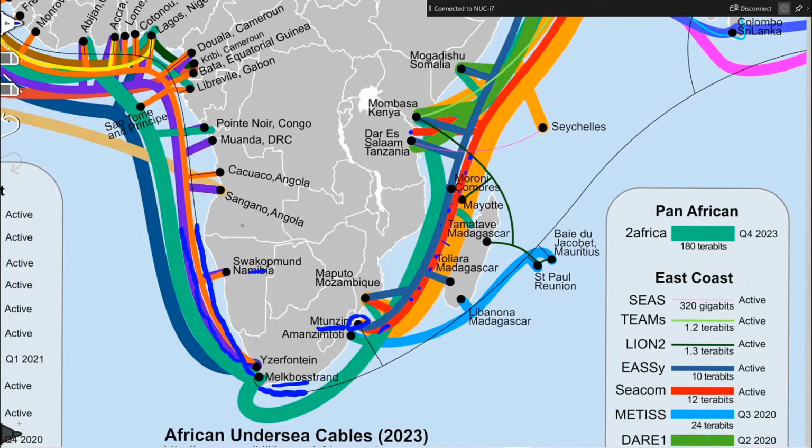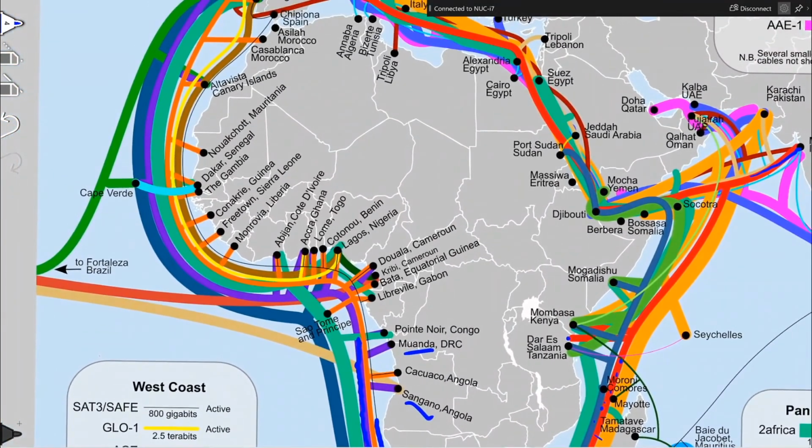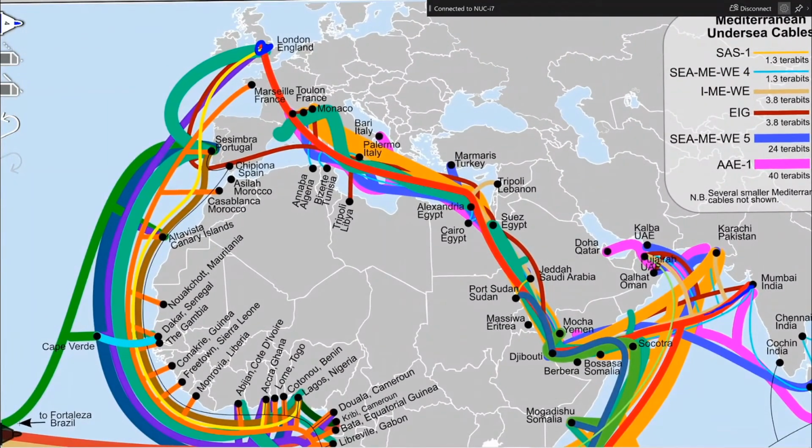It lands in Angola, at Tsangano, it lands in the DRC at Mwanda, and I'm not going to list them all, but the point is that this cable lands at quite a number of West African ports, or ports on the western side of Africa, going around the bend there, and up north towards Europe until it also arrives in London.